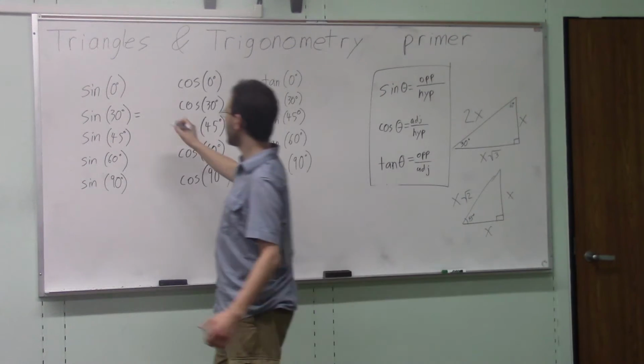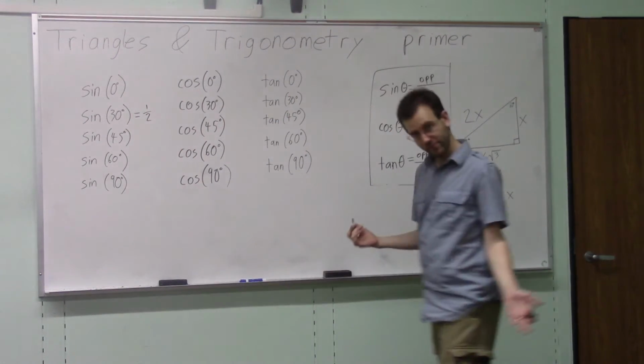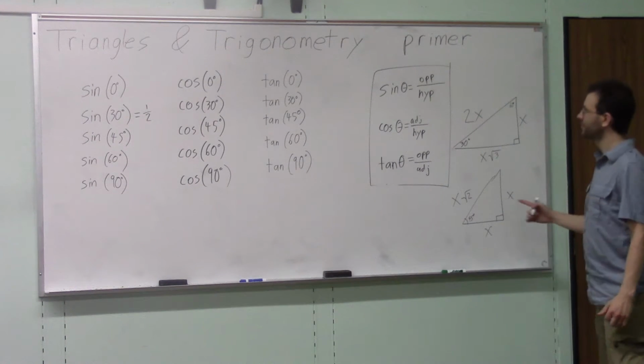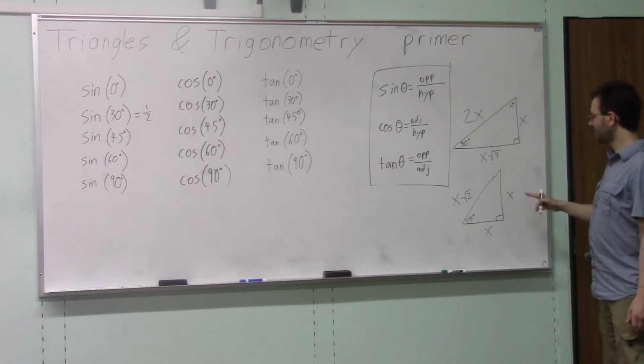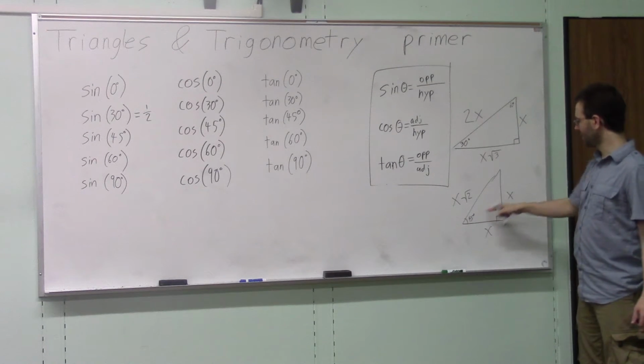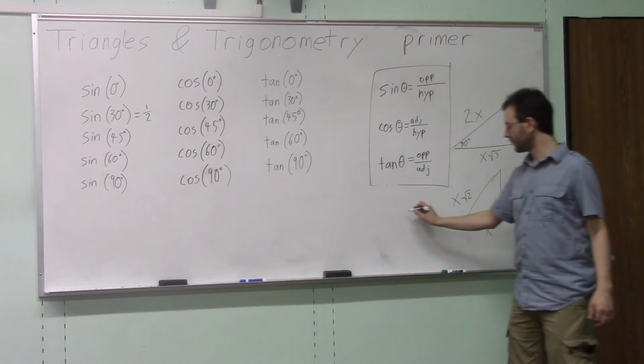X divided by 2x is 1/2 because you reduce it by x. In a 45-degree triangle, the ratio of the side opposite the 45-degree angle compared to the hypotenuse is x over x root 2.